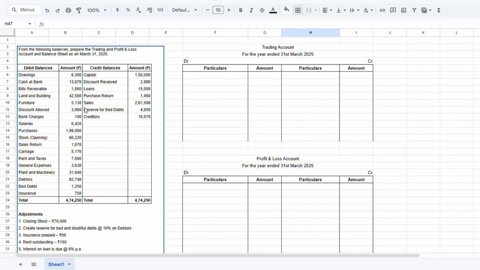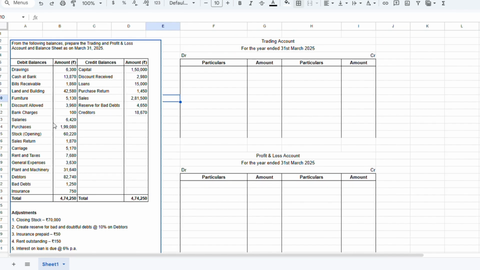Discount allowed, it is an expense. The customer has to pay more money, but the business has allowed the discount, so it is an expense for the business. Discount allowed is an expense, so it is P&L debit side, 3,960.